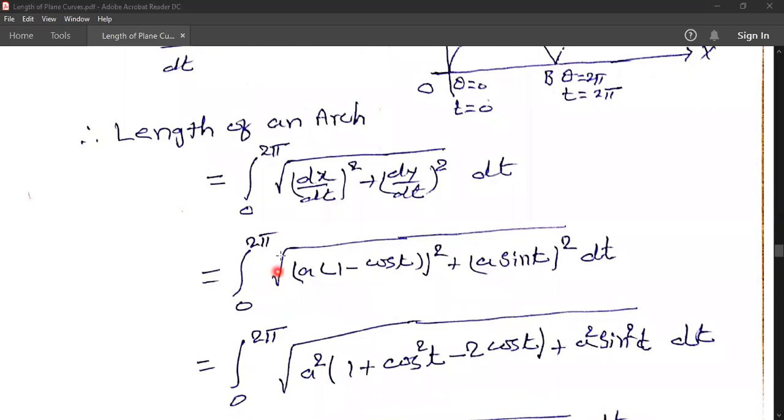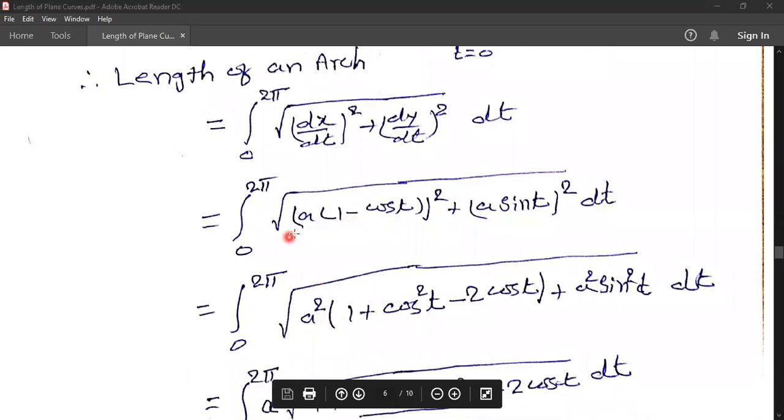This becomes integration from 0 to 2 pi of square root of a into (1 minus cos t) square plus a into (sin t) square. Then squaring this value, a square comes out, and the square of this value is 1 plus cos square t minus 2 cos t, plus a square sin square t, and dt.